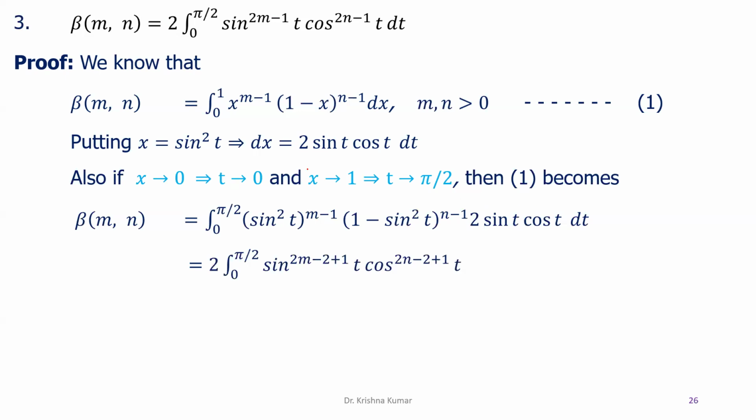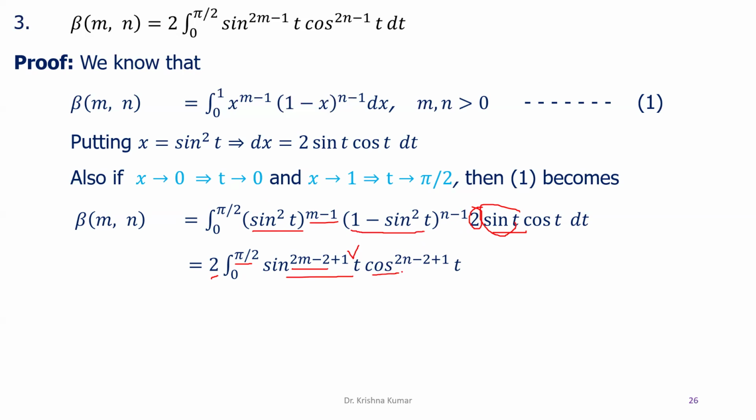Now this can be written as, this 2 we have taken outside, 2 integration under the limit 0 to pi by 2, sine to the power 2m minus 2, and this sine t has power 1, so 2m minus 2 plus 1 of t. Similarly, this 1 minus sine square t is nothing but cos square t.